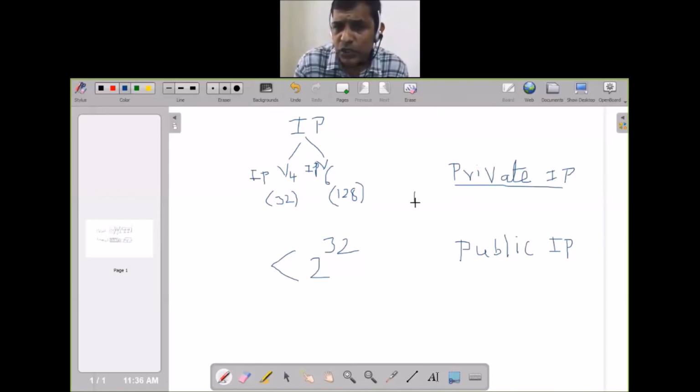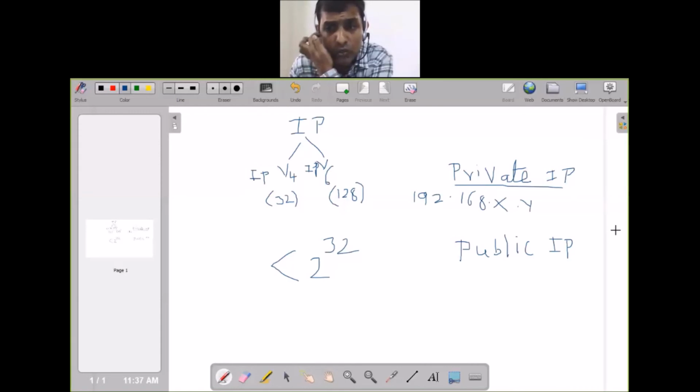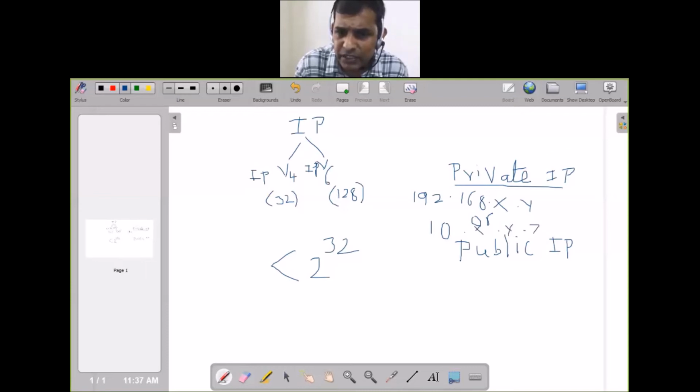For example, we especially use in our college, and the majority of machines use, an address like 192.168.x.y. Here x and y are any numbers between 0 to 255, because 8-bit numbers can have a range of 0 to 255. Usually any address starting with 10.x.y.z is also a private IP address.